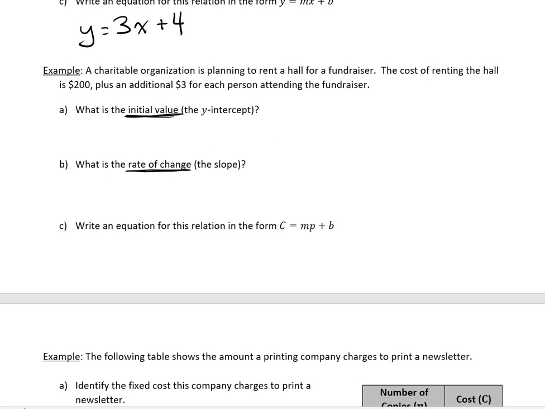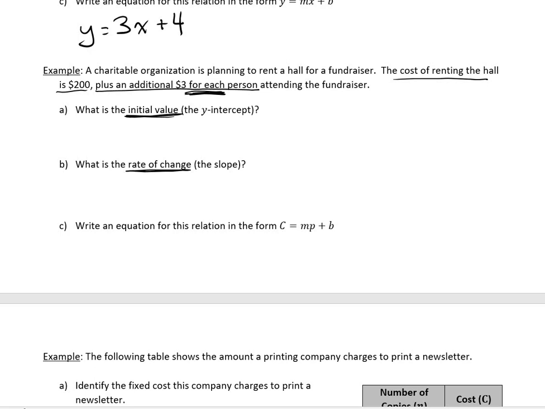So in this case, the cost of renting the hall for the fundraiser is $200 plus an additional $3 for each person. So this for each person or per person is a rate, $3 per one person. So that kind of is our indicator that it's our rate of change.